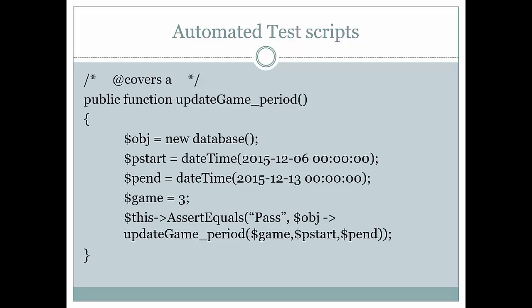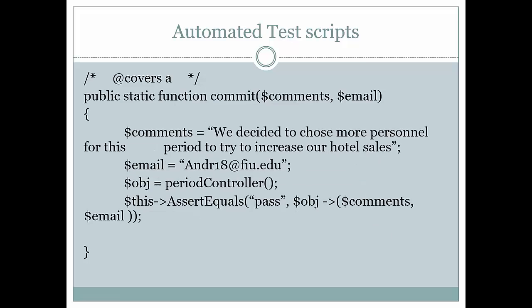Here we create a database object. We create a p start, which is the date of the period start. We have the p end, which is the date of the period end. We select the game 3, and we assert that given the update to that end and beginning period, the database model will return pass.